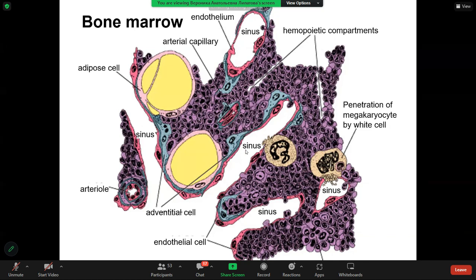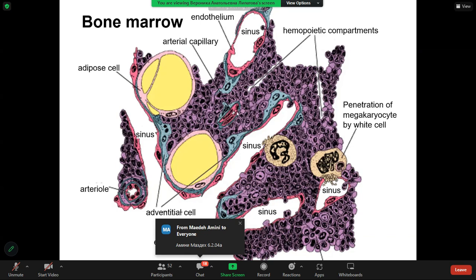After this, stromal compartment, including adventitial cell, adipose cell, cells of endosteum, and macrophages, and two kinds of capillary: arterial capillary to supply with oxygen, and sinusoidal capillary for specific function. And I told you before that megakaryocyte we can see close to the lumen of sinusoid, releasing the fragments of them as platelets.